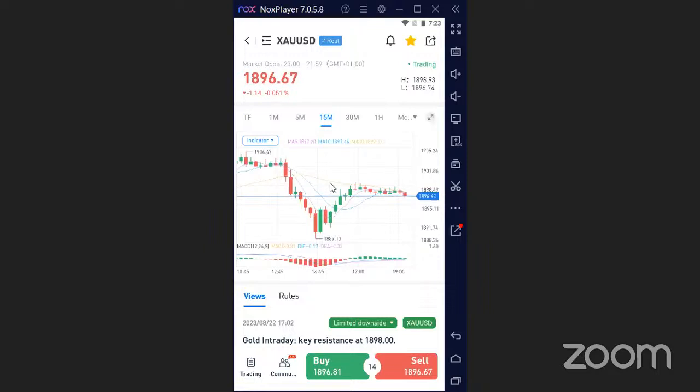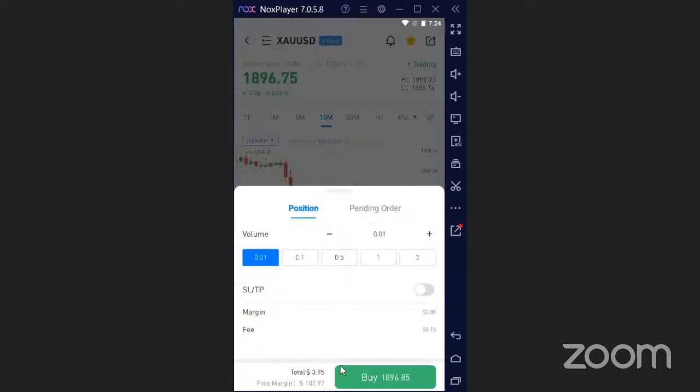Now let me show you how you can set a pending buy order on BtcDana. We have buy and we have sell here on XAU USD. If I want to set a pending order to buy, I just click on my buy. Look at this: we have position and then we have pending order.